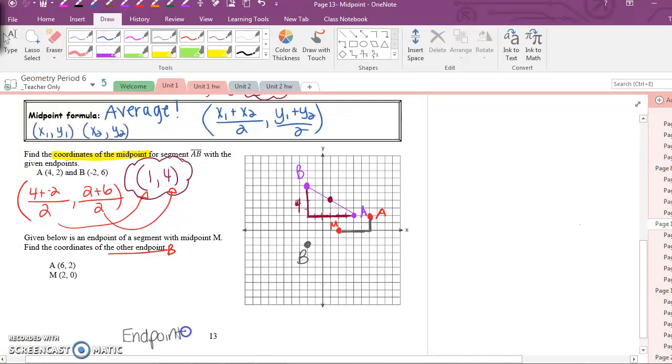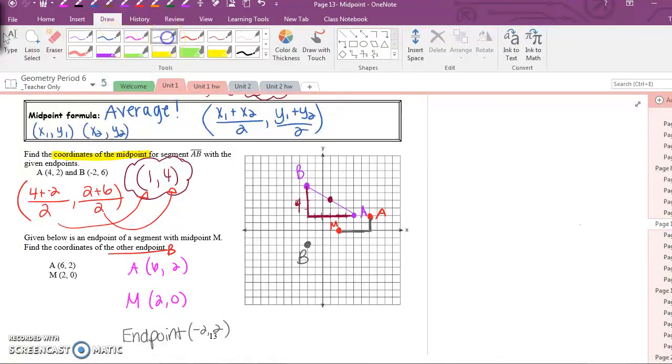-2, 2. Now how could I do that without having used the graph? A was 6, 2, B was what we were trying to find, M is 2, 0. I'm going to ask myself, how do I get from A to M, and then do the same thing to go from M to B. So for A, how do I get from the x value of 6 to the x value of 2? I subtract 4.